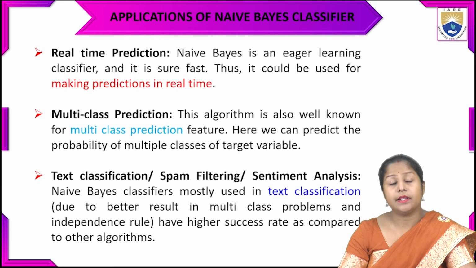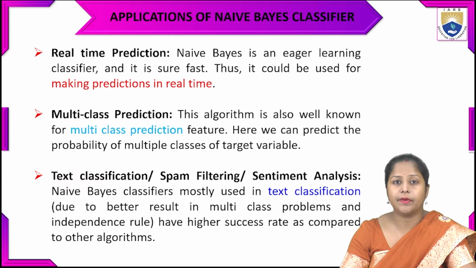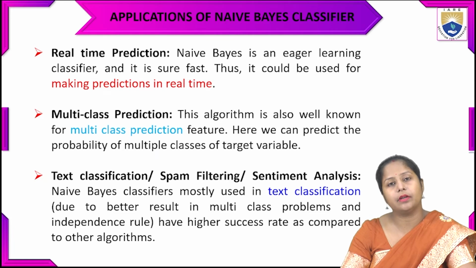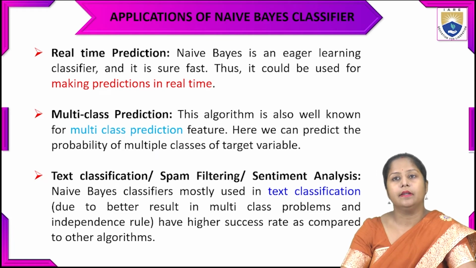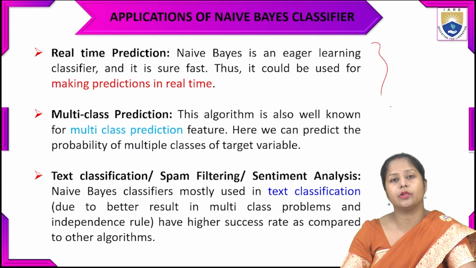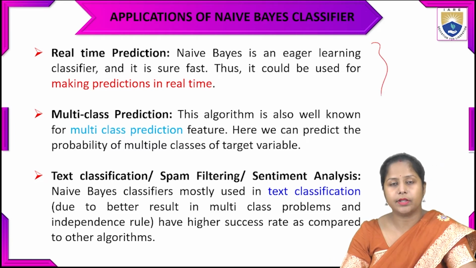Now, what are the different applications of the naive Bayes classifier? In which areas of real-time applications are we going to apply it? In real-time prediction, the naive Bayes classifier is an eager learning classifier, and it is surely the fastest algorithm. That is the fastest classifier.